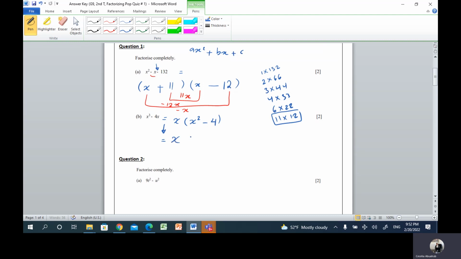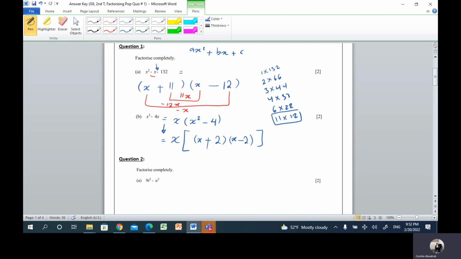The x will remain as is, and we open a bracket here. So we have a squared expression minus a squared number. In this case, we open two brackets. One bracket will take the addition sign and the other one will carry the subtraction sign. So here it's going to be x and 2. And now our factorizing is complete.